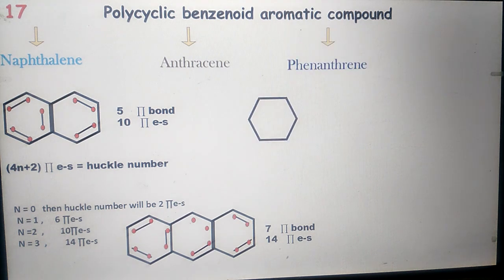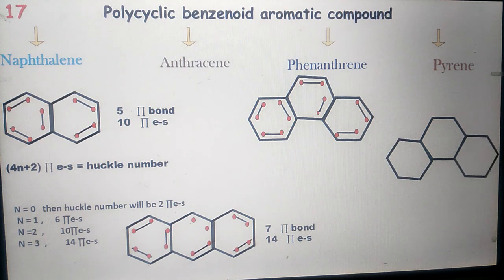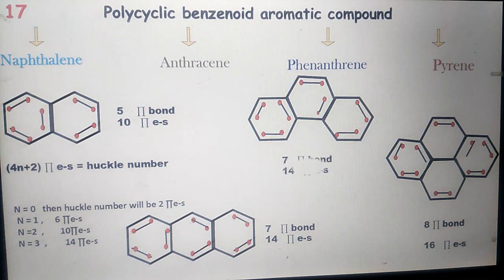The third one is phenanthrene, consisting of 3 benzene rings in fused form. It also consists of 7 pi bonds and 14 pi electrons. The fourth one is pyrene, the most important. In pyrene, 8 pi bonds are present and 16 pi electrons. 16 is not a Huckel number, so in this case we consider only the outside electrons and ignore the inside electrons.